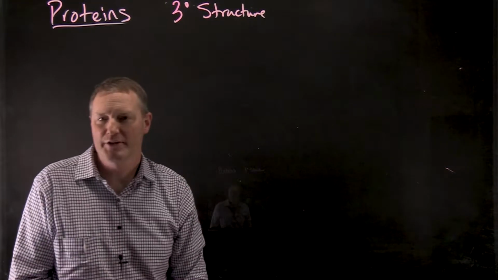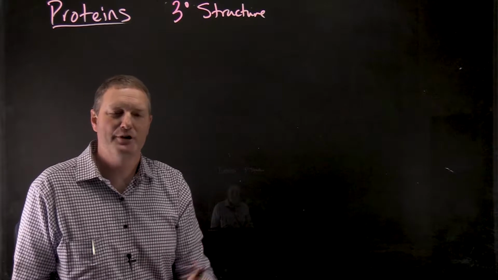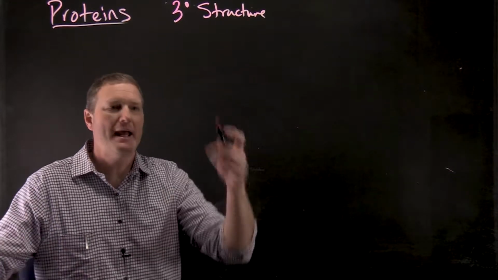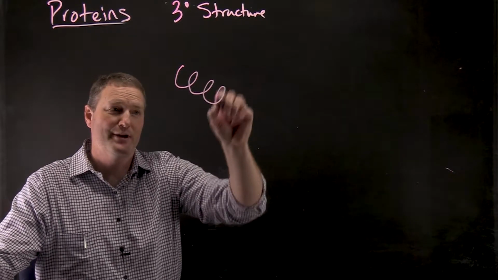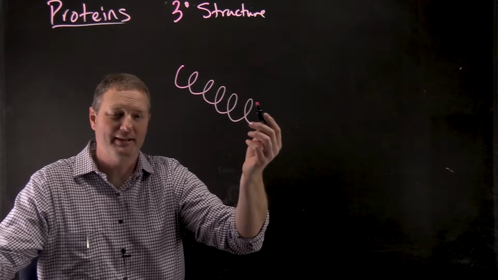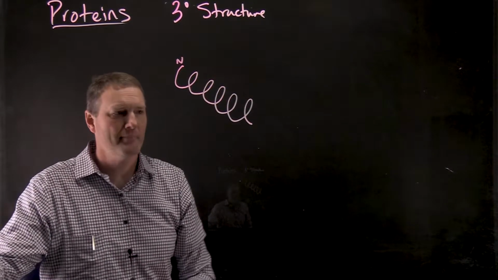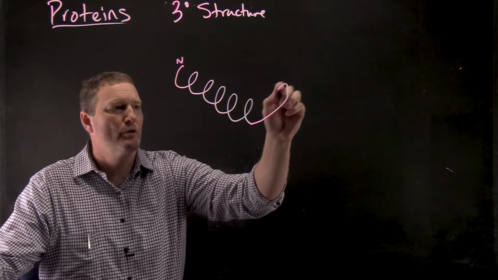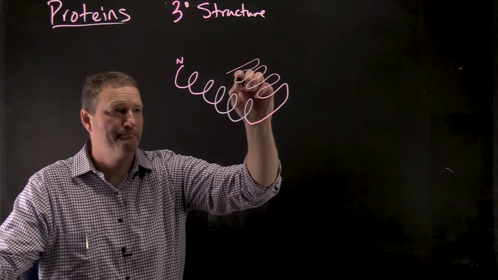To wrap up our discussion of proteins, let's briefly talk about tertiary structure. Tertiary structure is the fully folded and active protein. If I had a combination of alpha helices, I'm going to draw this in a very crude schematic way. Here's an alpha helix, and let's say this is the N-terminus of my peptide chain. Then maybe there's a region that forms a beta sheet, something that looks like that.